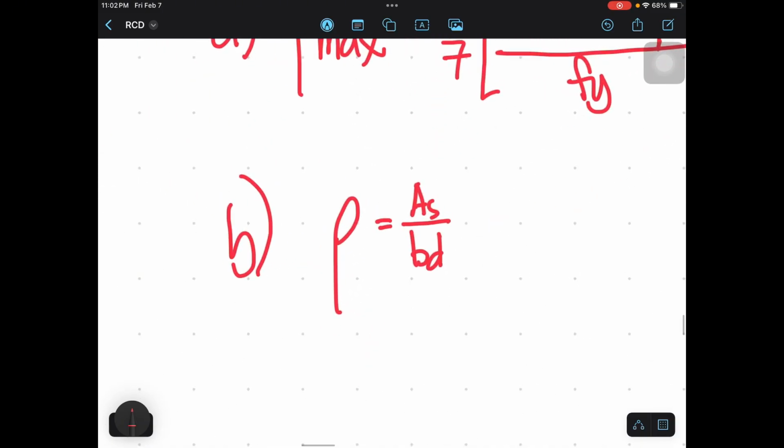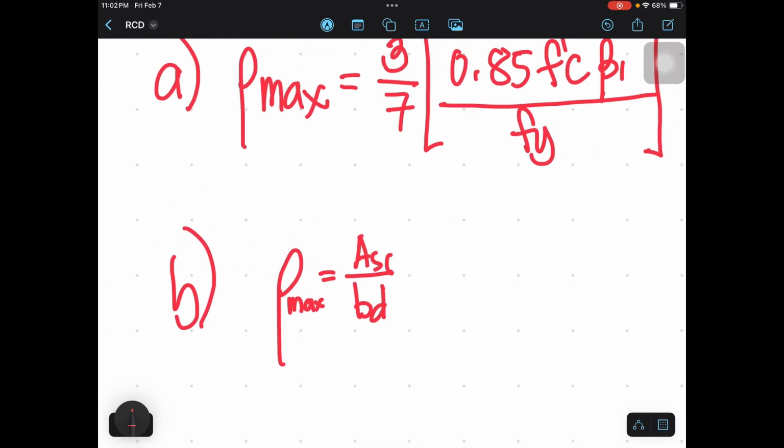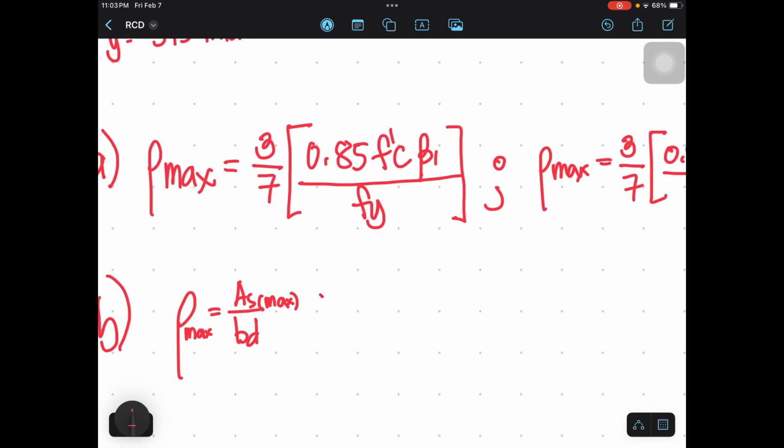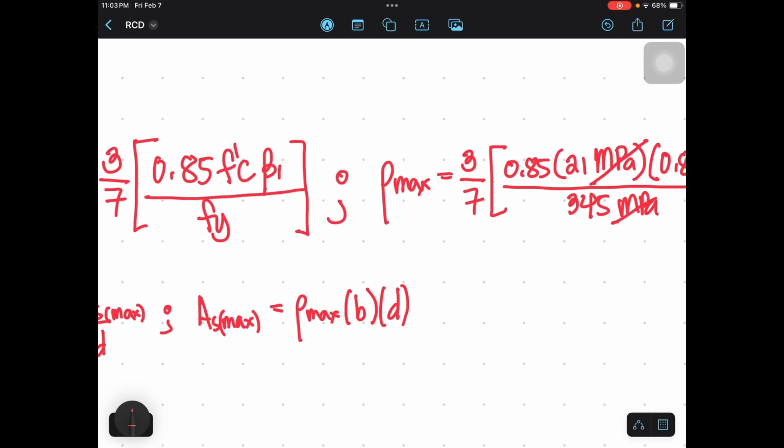Therefore, if we consider the maximum for steel ratio, we also consider the maximum area, which is the one being asked. Okay, manipulating the equation, As max is equivalent to rho max multiplied by the dimension of the section, or bd.